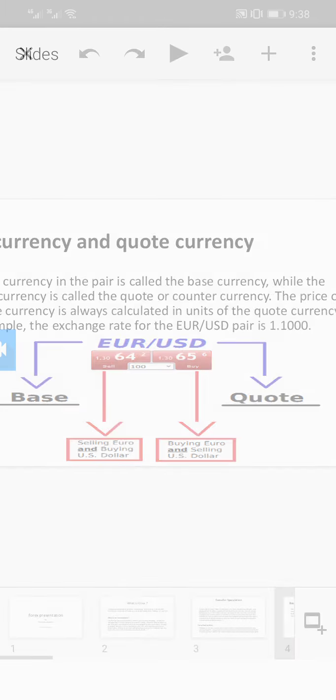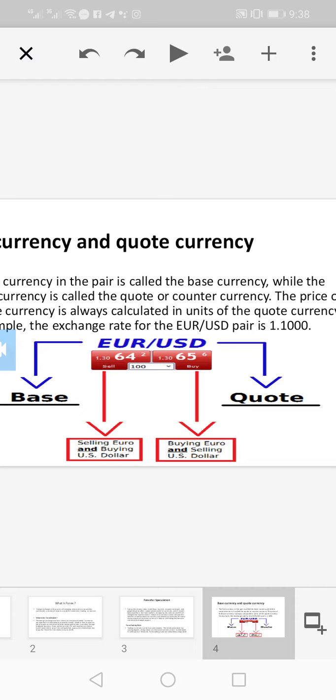Sorry for that. It's like this: USD, GBP, JPY, Euro, USD, JPY, GBP, USD.